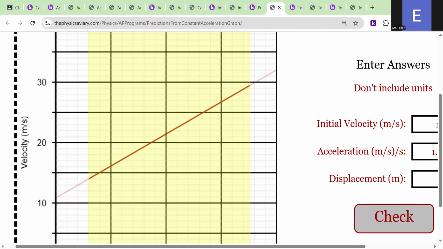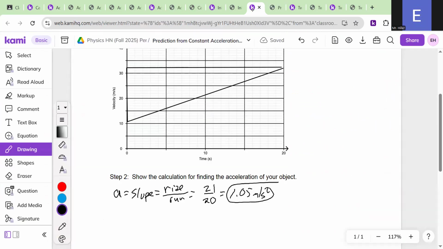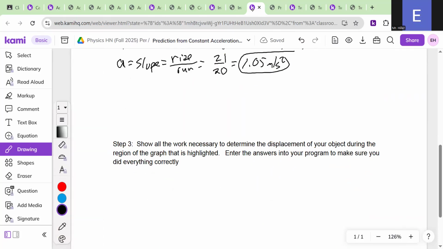So for that one, I am going to use equation number 11, v plus v naught over 2 times t. What you'll have to do is get v and v naught from the graph, and you'll have to predict the time interval.